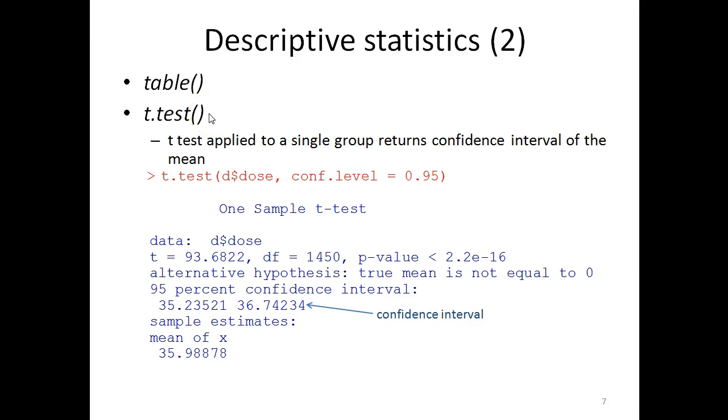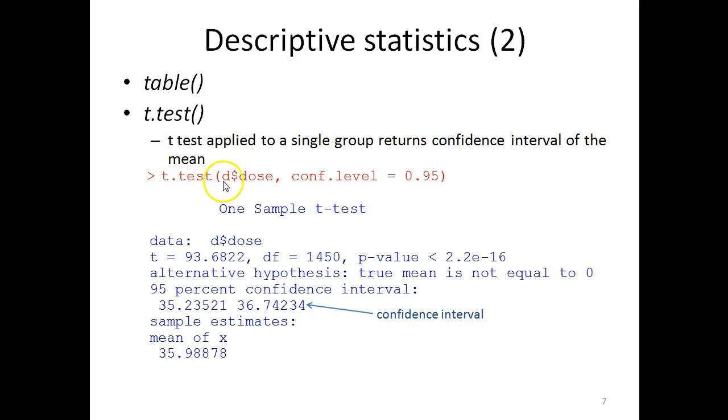If you want to present the confidence interval of, for example, the age, or in this case the dose, then you would have to use the command t-test, which is a bit non-intuitive, and we'll get back to the t-test shortly, but I'll show you here how you use it to get the confidence interval of a point estimate.